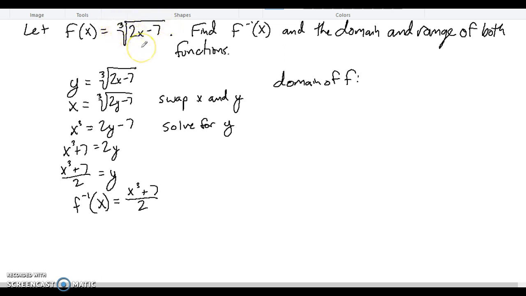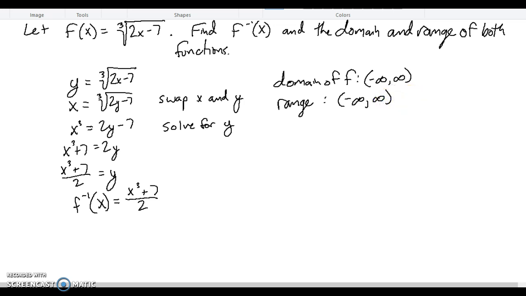That index is 3. That's an odd number. That means the domain will be all real numbers. How about the range? Well, again, the range of a root function, if the domain was all real numbers, was also all real numbers.